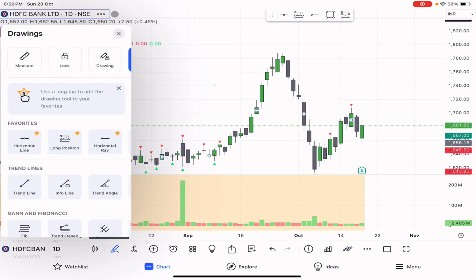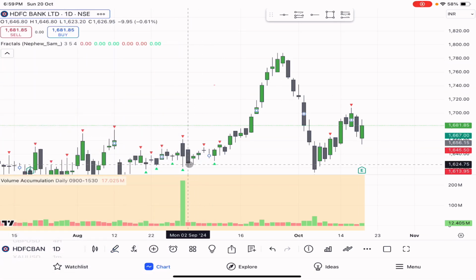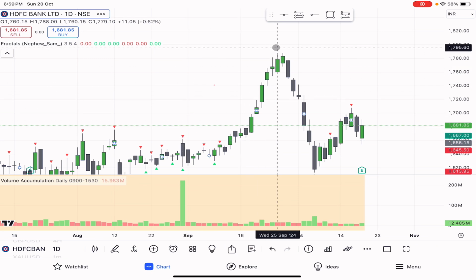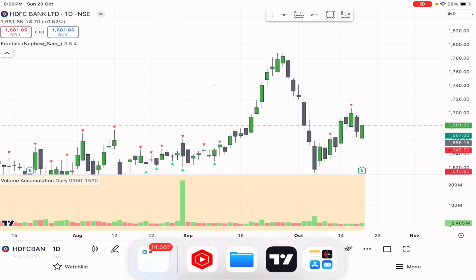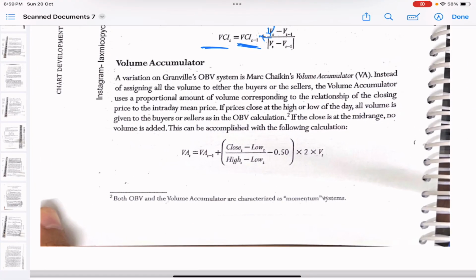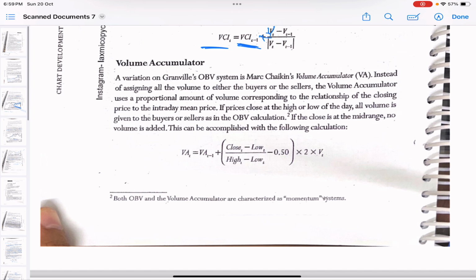What happened after that? There was a big bull run, right? If you would have just entered by looking at this volume accumulation over here at 1660, then look at this. You could have reached 1786, right? So more than 150 rupees profit by just buying one share. So yeah, that's how powerful these indicators really are.